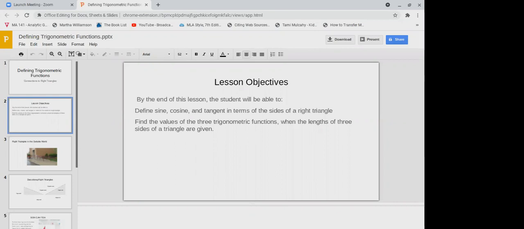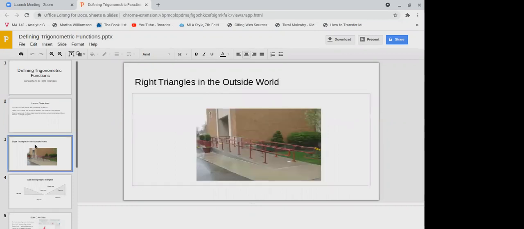Now, before we get into it too far, let's think about what this really means in the real world. There are a lot of applications of right triangles, and one of them you see here. This is a wheelchair ramp outside a building, an access ramp.